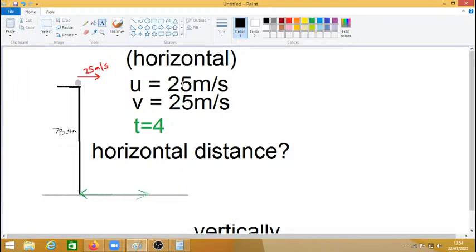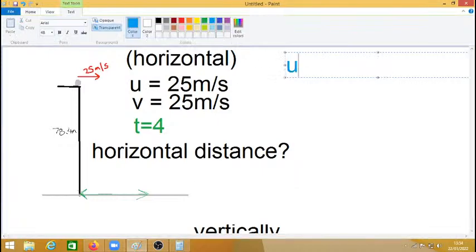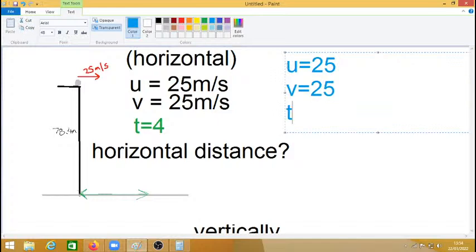So what do we know and what do we not know? We know u, the initial velocity, is equal to 25 horizontally. We also know the final velocity is equal to 25. We know that the time is equal to 4. We want to know what the horizontal distance is.